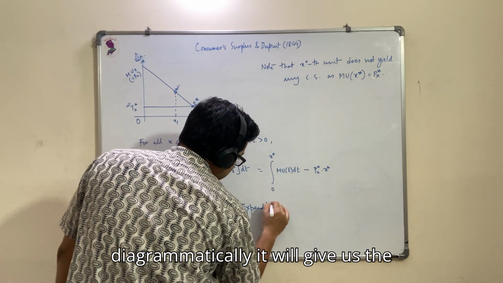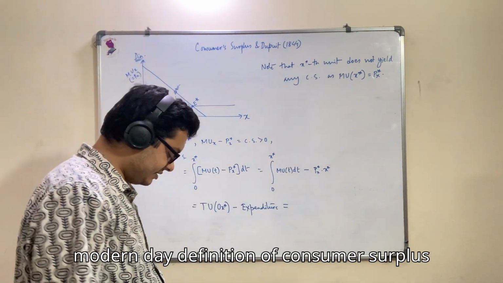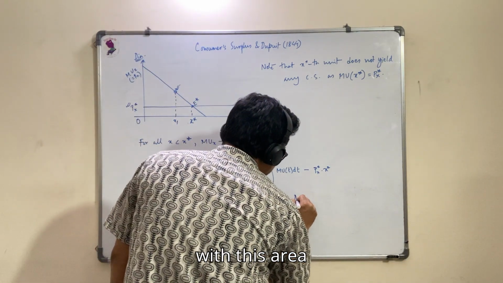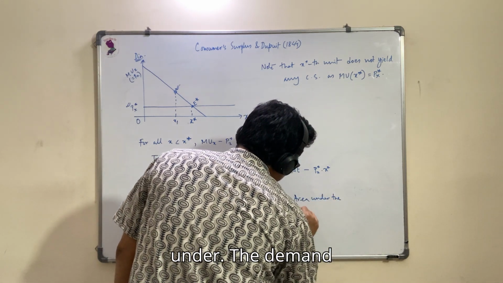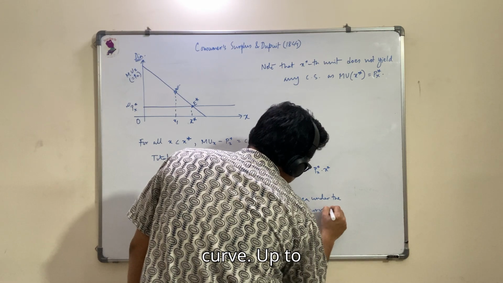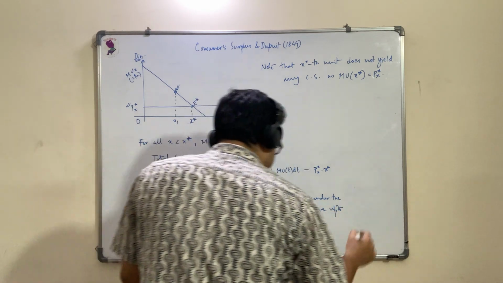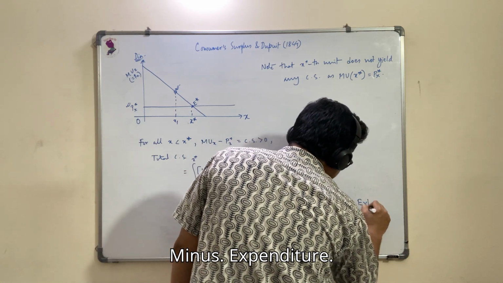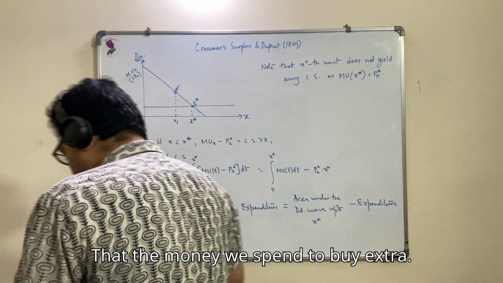If we write it diagrammatically, it will give us the modern day definition of consumer surplus, which is the area under the demand curve up to x star minus expenditure, the money we spend to buy x star.